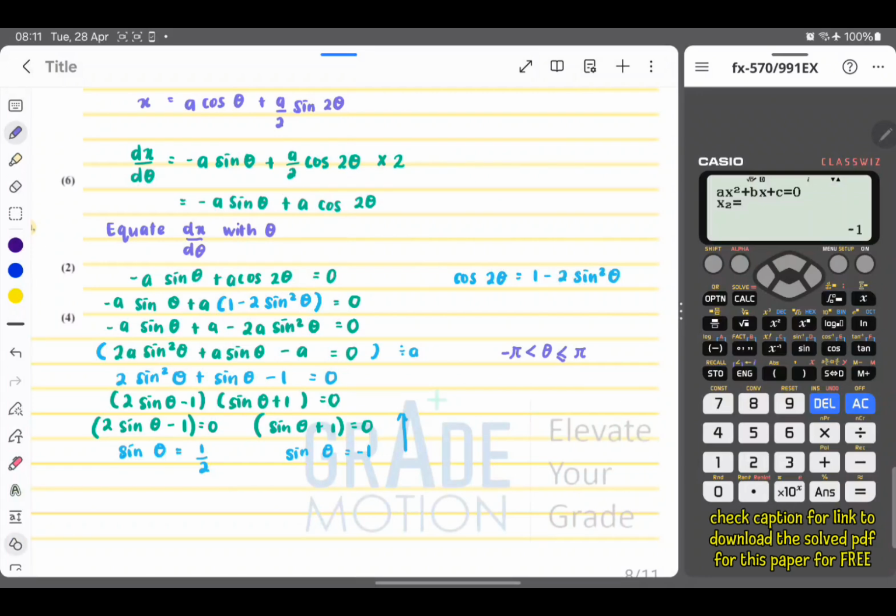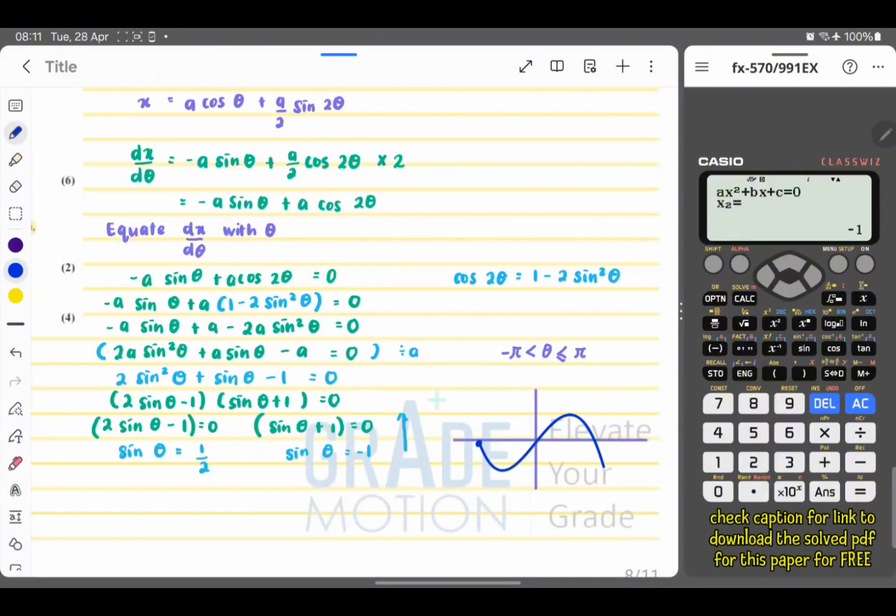So let's sketch now. Okay, there we go. Because we want to consider only from negative pi until pi, it would look like this. There we go. So that is our graph.